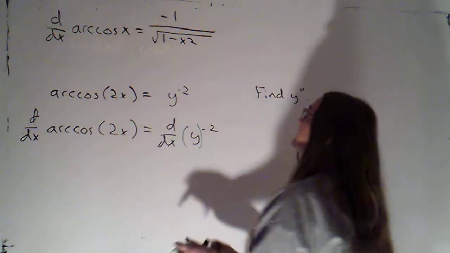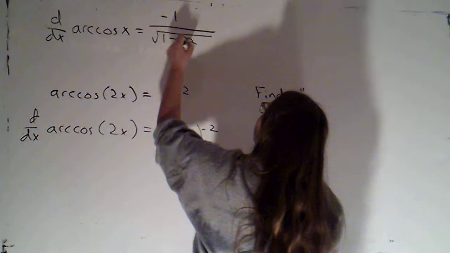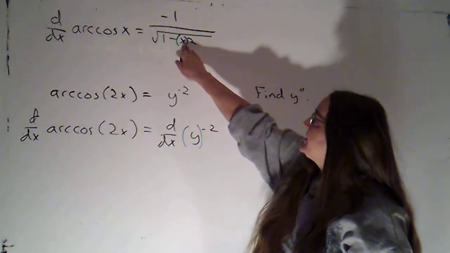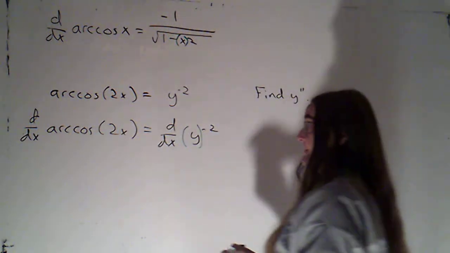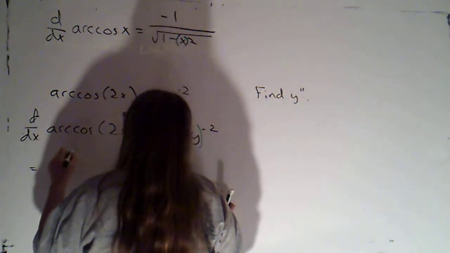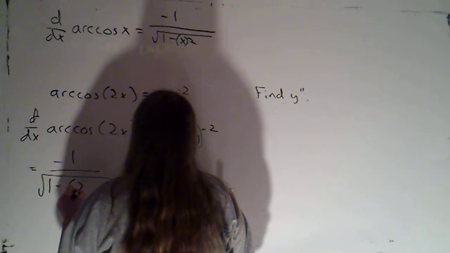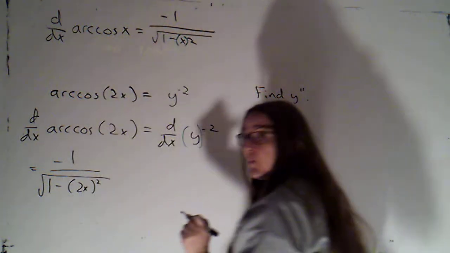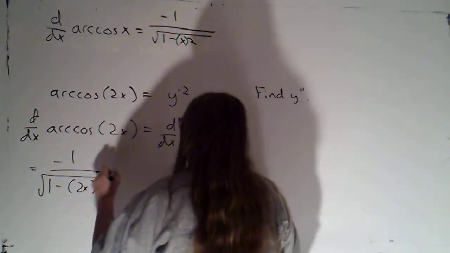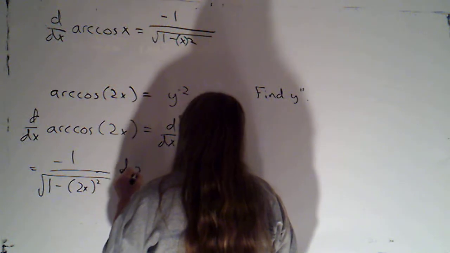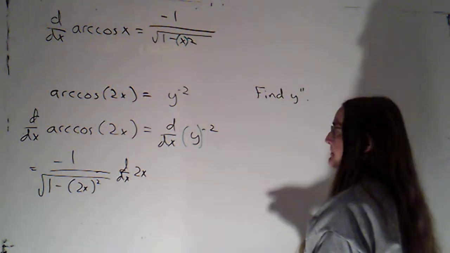So what that means is when I take the derivative of that outside part, I'm replacing the x there with a 2x. So we're going to get negative 1 over the square root of 1 minus the quantity 2x squared multiplied by the derivative of 2x.